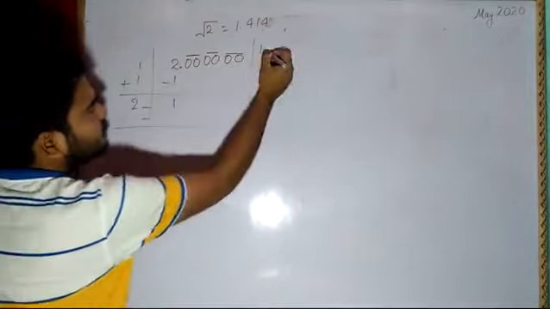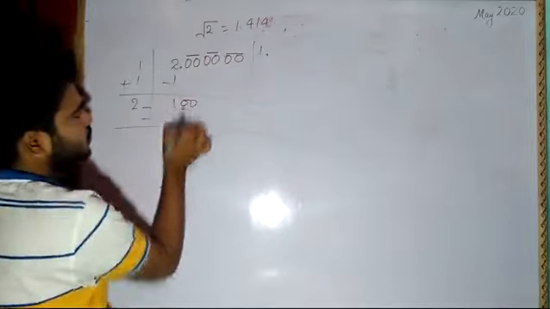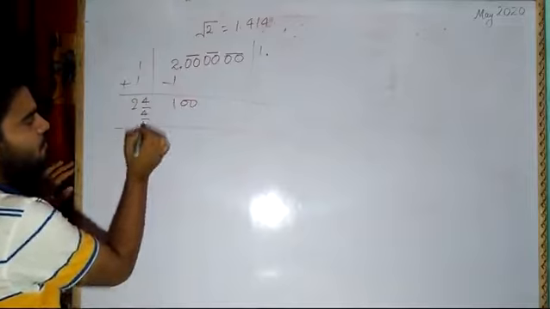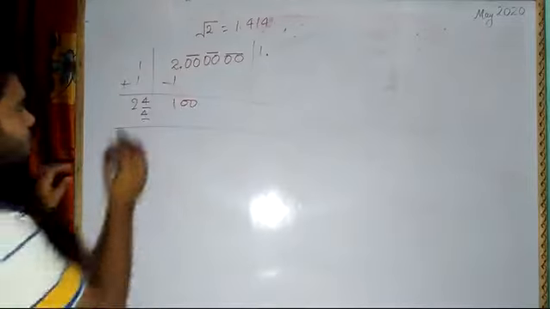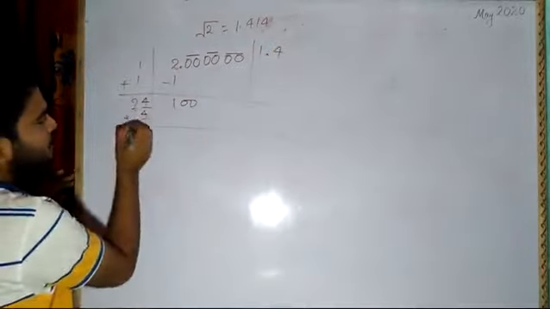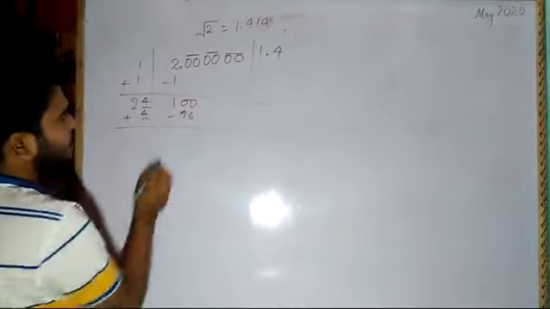Now because of the decimal you will put 0 here, then which number will come here? I think 4. So 24, 4 came, so 4 times 4, multiplication, addition, 96, minus.